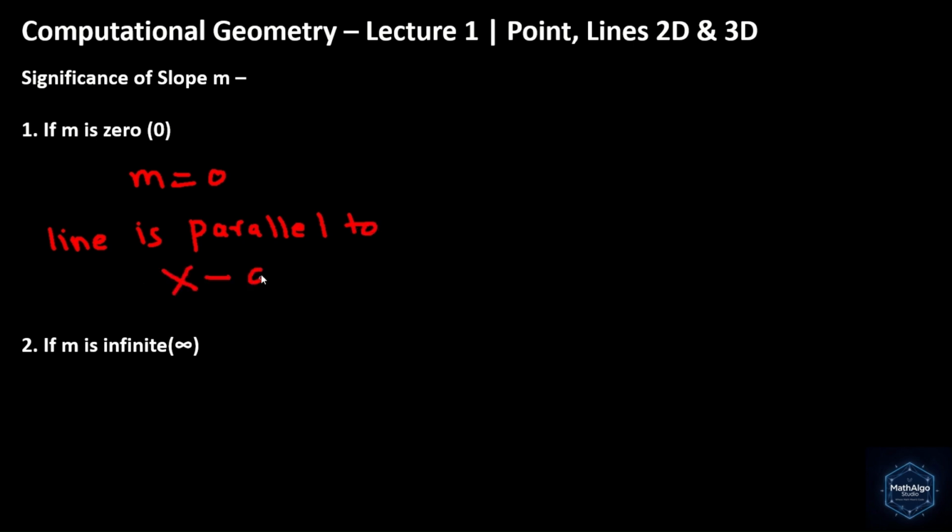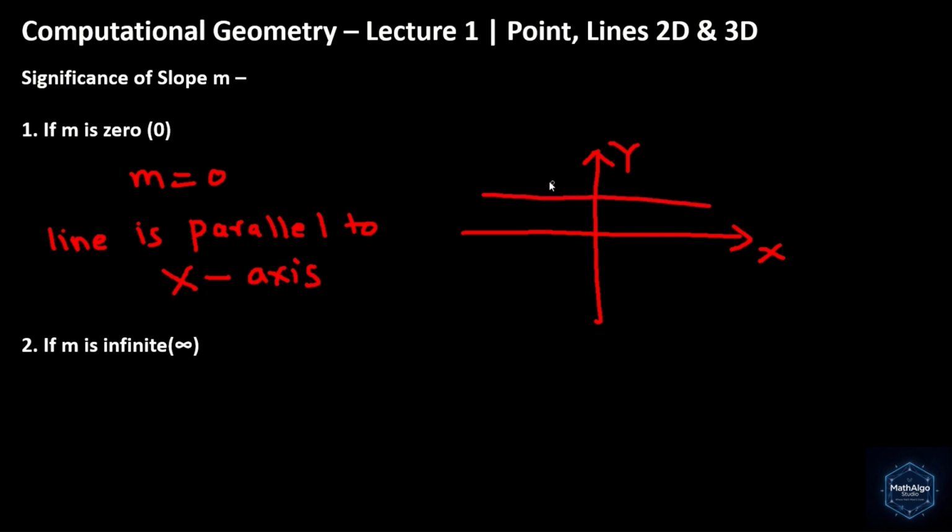This means the y-coordinate remains constant for all values of x. The line is horizontal as shown here. The slope value is 0 and in equation form, the line becomes y equals c, where c is a constant.